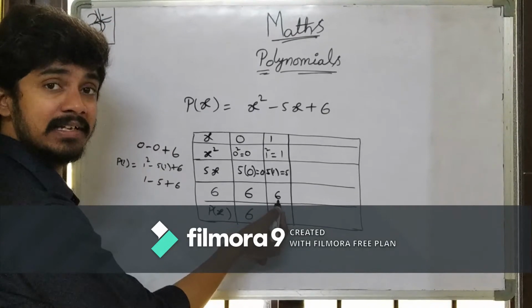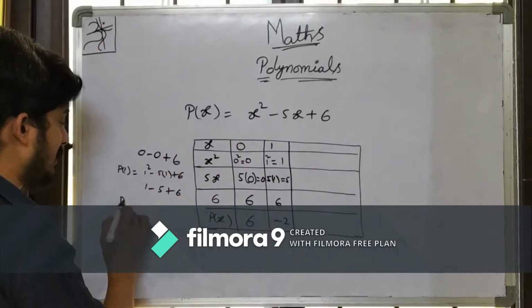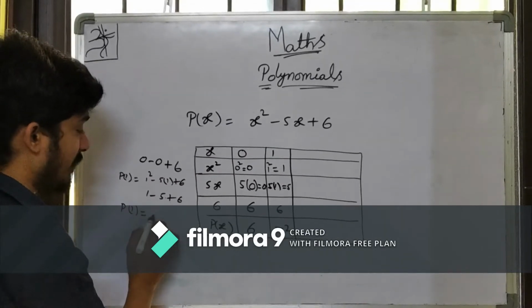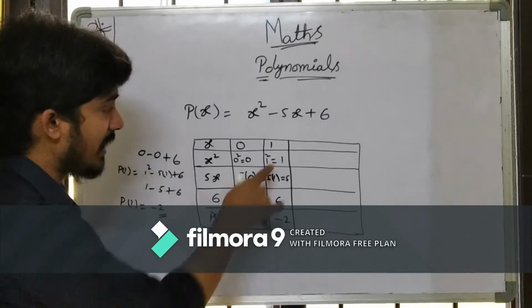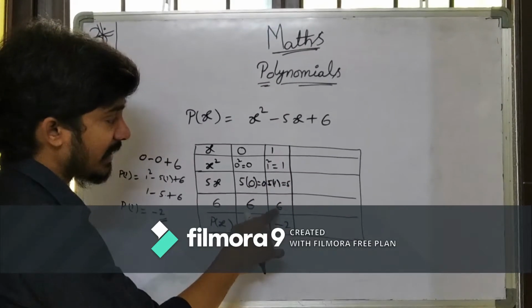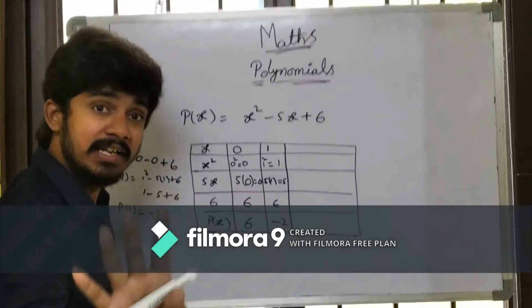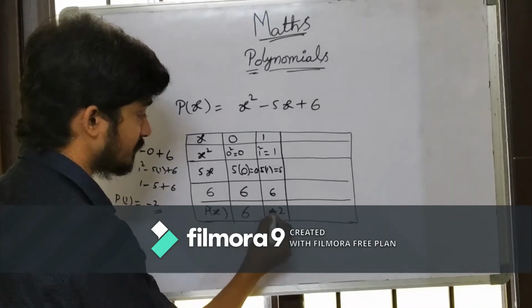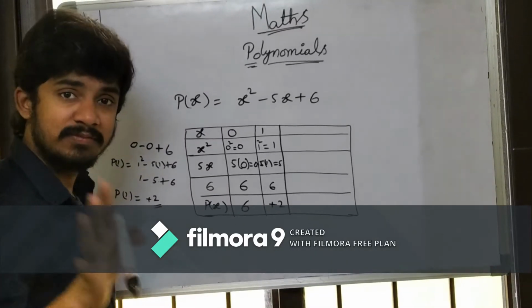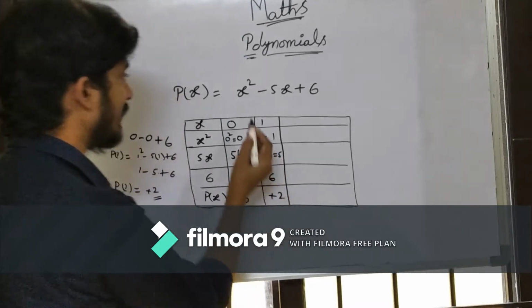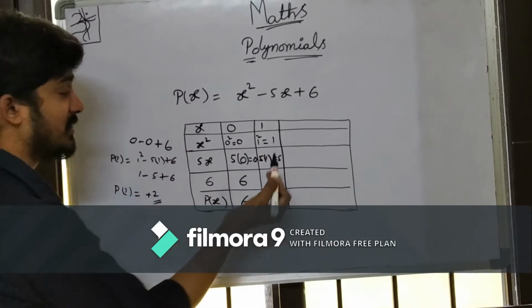Minus 4 plus 6 is plus 2. So if x equals 1, p of 1 value is plus 2.